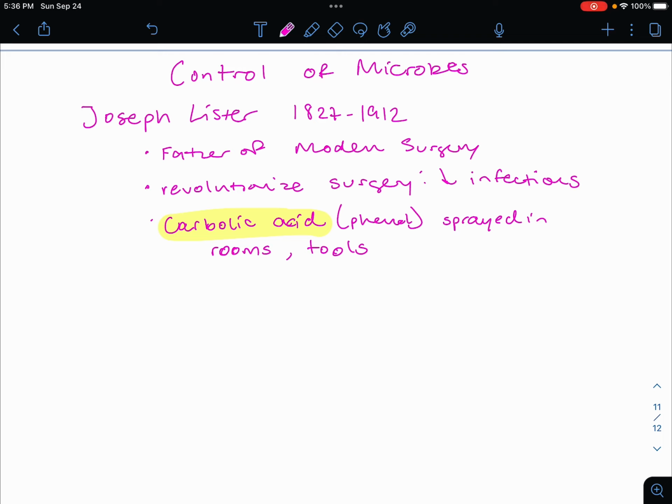And since we're talking about the 19th century, it's very crude. Back then, they just had saws. There aren't many high-tech things as you would think today. A lot of things weren't sterile. So by introducing this, he was able to really decrease those infections. It was also put on surgeons' hands.